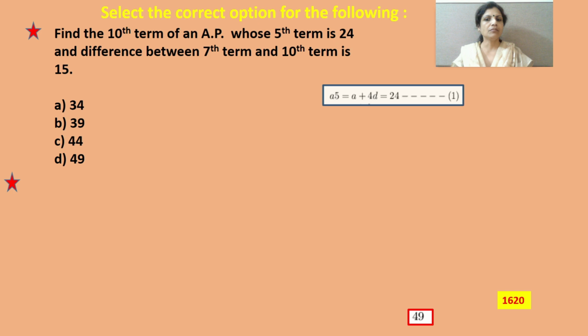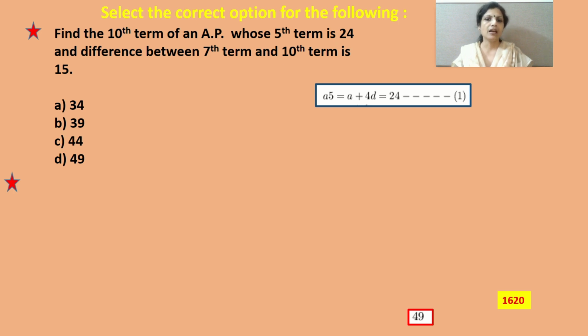So you have to find the 10th term, whose 5th term is given as 24. For the 5th term the formula is a plus 4d, which is given to you as 24. Then the difference between the 7th term and 10th term is 15. So 10th term minus 7th term is given to you as 15. When they say difference, it is always the greater term minus the smaller term.